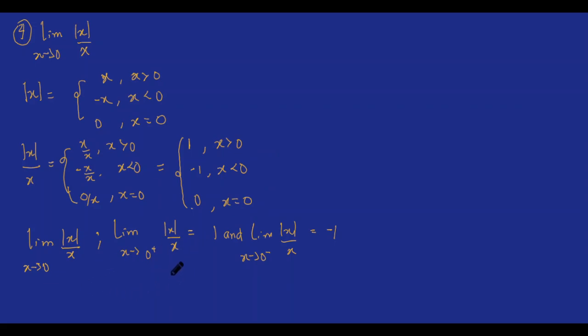Since the limit from the right is not equal to the limit from the left, it means the limit of the absolute value of x divided by x as x tends towards 0 does not exist.